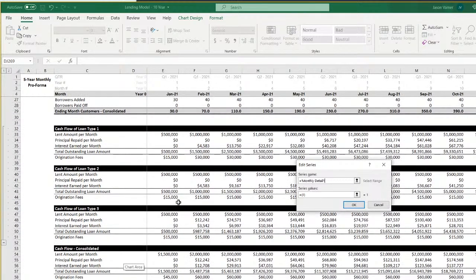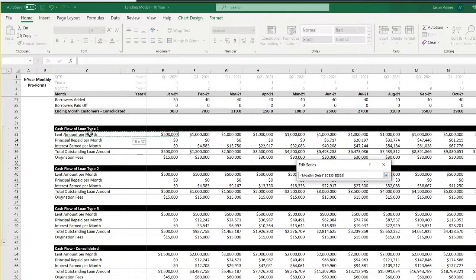That's kind of interesting. We definitely do it on a consolidated level, but we want to do it on a granular level for each loan type is the question. So lent amount, principal repaid. That's kind of interesting. Let's see what this looks like.